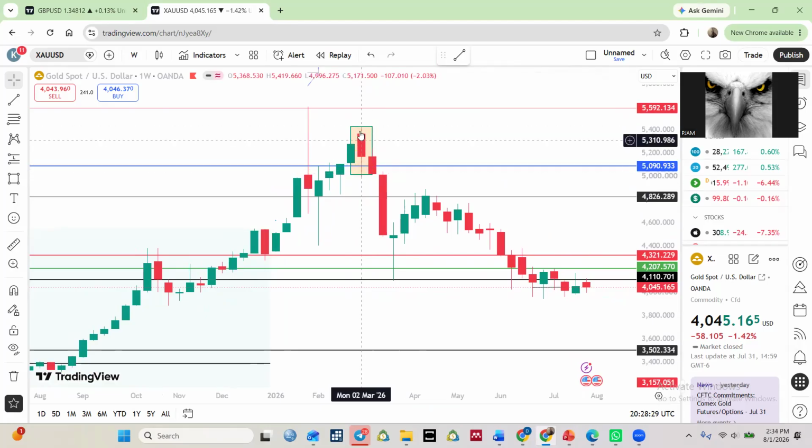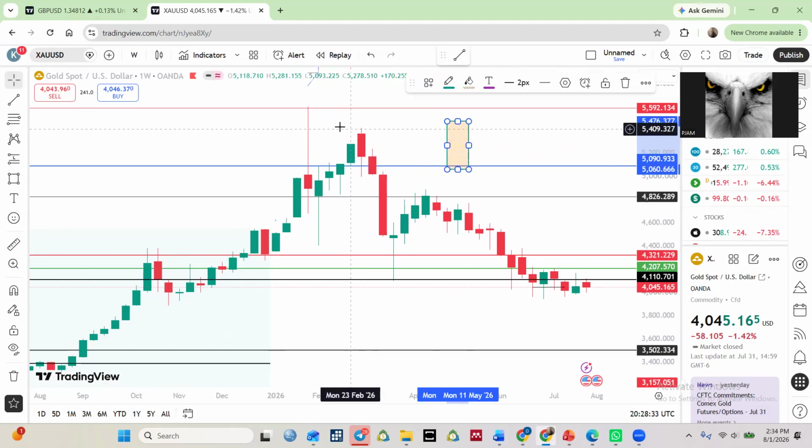the sellers started taking control, and it looks like for 3 consecutive weeks, which is 1 week, second week, third week. Okay, these three red candles means 3 weeks. For 3 weeks, sellers were in control. They pushed the price all the way from the top here.